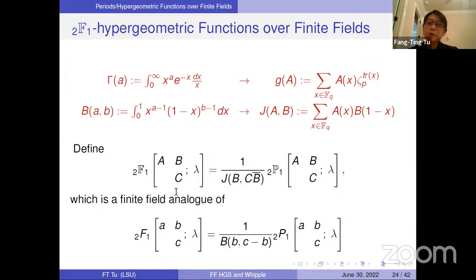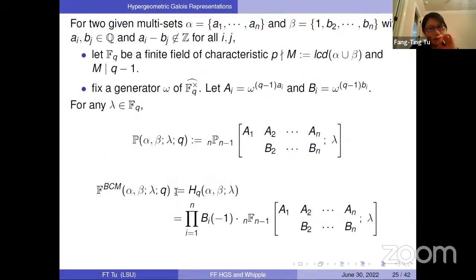Right. And we can define the higher dimensional hypergeometric function over finite field in a similar way, but I skip the definition here. About the Galois representation, again, we need something else. First, for a given multi-set alpha and beta, we consider the finite field FQ, whose characteristic is coprime to the common denominator M of all parameters.